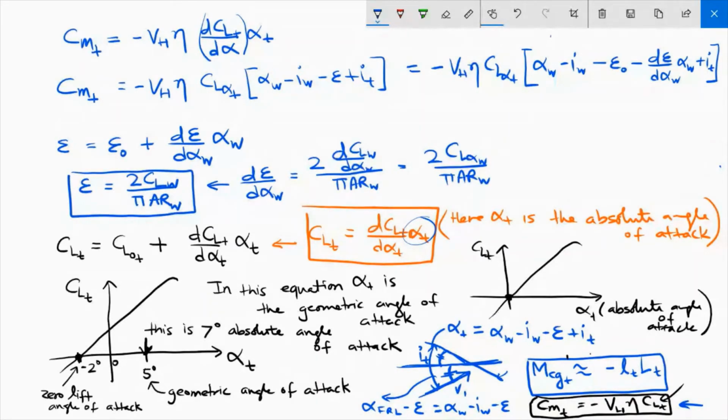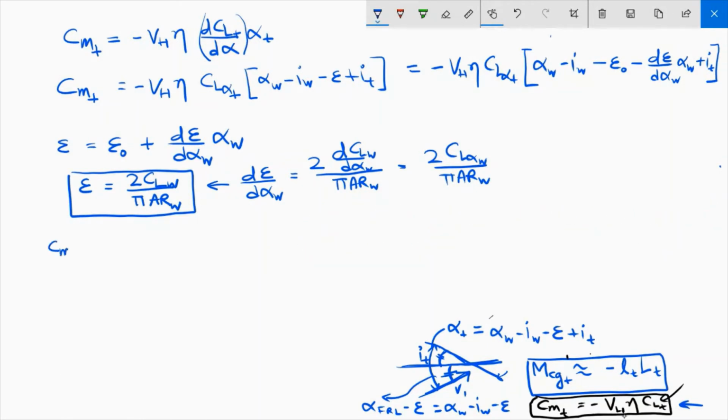Now we need to rearrange the terms as usual. Okay, so we need to regroup the terms in the expression that I have just written. Let's do that. CMT equals to, right, let's see. So this is equal to minus VH η CLαT.